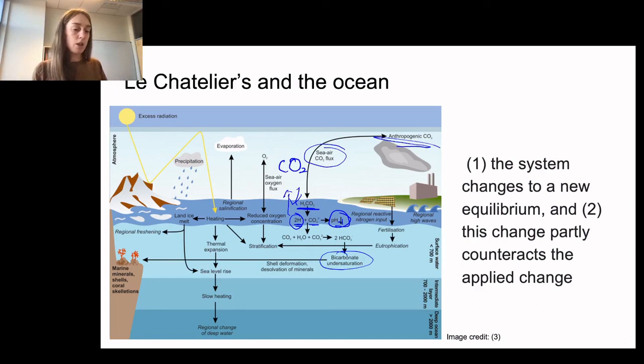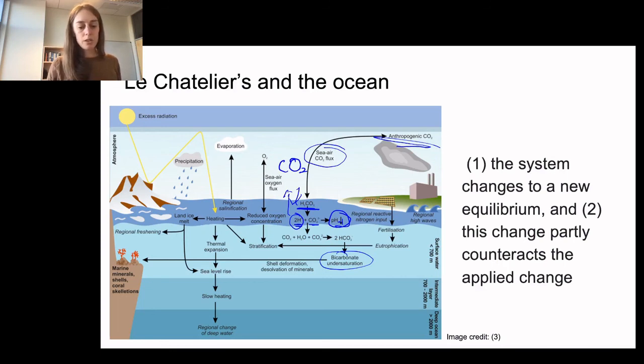So any shelled creature, diatoms, coral, all of those are essentially being dissolved by the new, more acidic water. That more acidic water needs to go somewhere, so it's taking the carbonate out of the hands of the shelled creatures and using it, according to Le Chatelier's principle, to balance out this system.